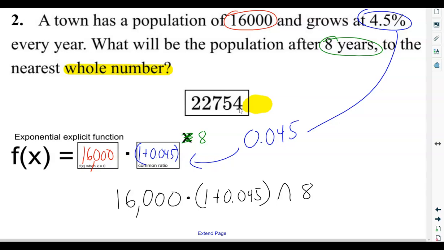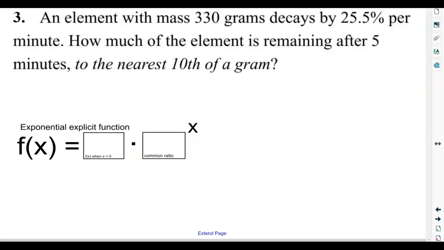Let's take a look at another one. An element with mass 330 grams decays by 25.5% per minute. How much of the element is remaining after 5 minutes to the nearest tenth of a gram? So again, what are we going to start with? What's the common ratio and what's the input?